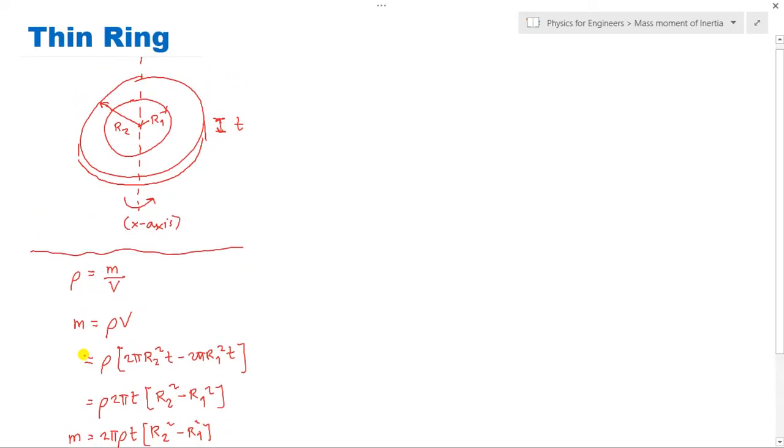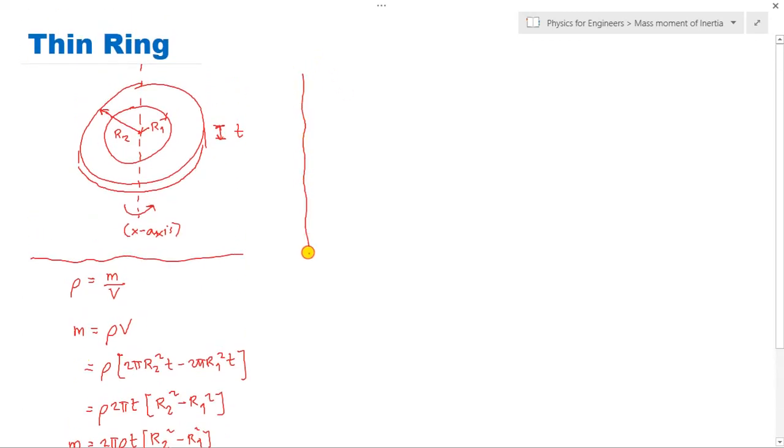Now, in order to solve for its moment of inertia, we're going to integrate. What we need here is the radius.